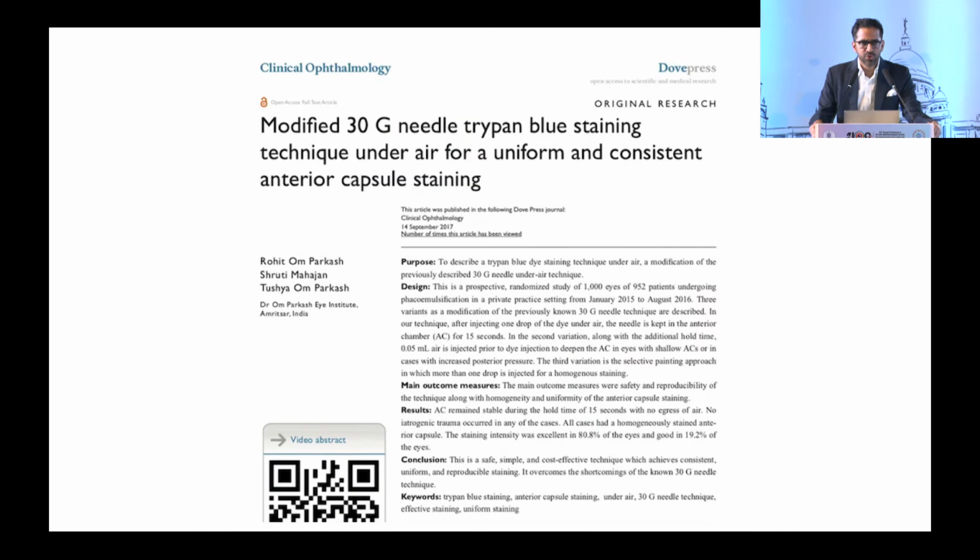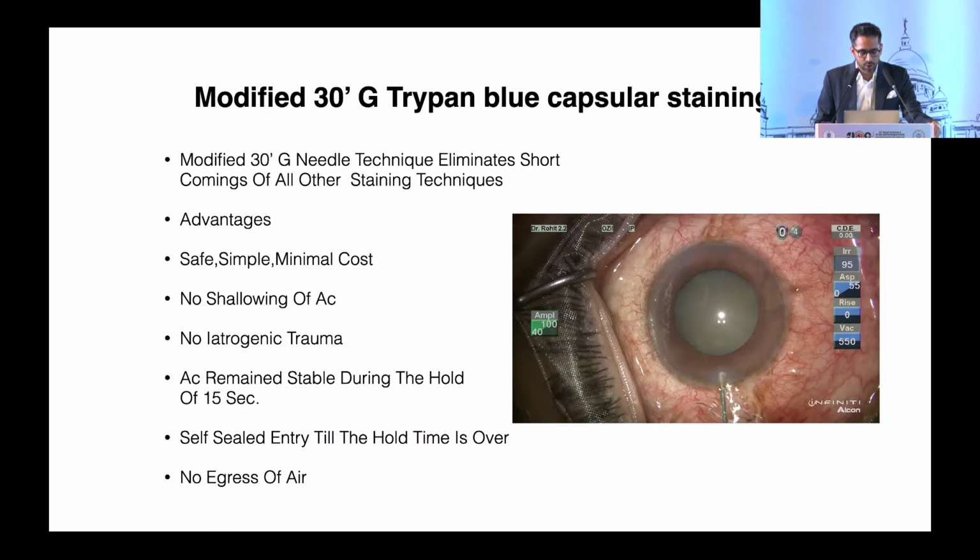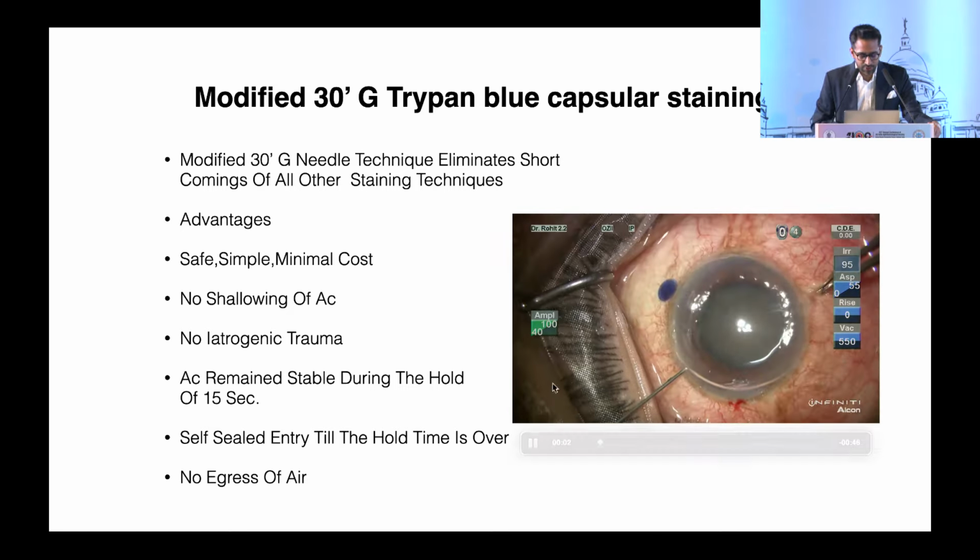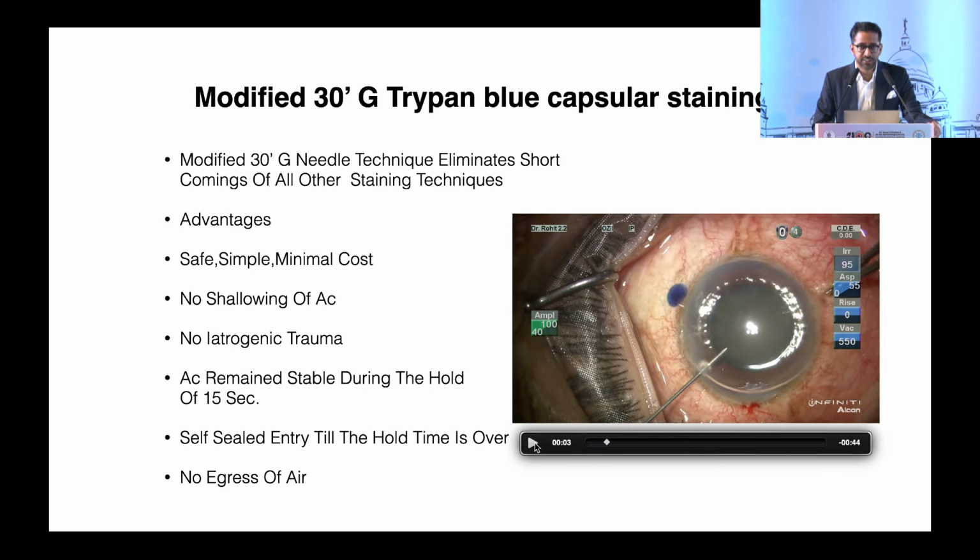The most important thing in preventing an anterior capsular tear is a good, uniform and consistent anterior capsular staining. We have published this technique. It's a modified 30 gauge needle trypan blue staining technique. What we do here, if you see in this video, is air is injected from the main port. It is an under air trypan blue staining technique. A 30 gauge needle is used.